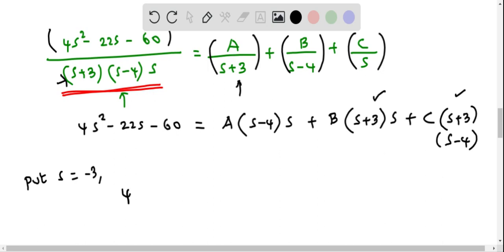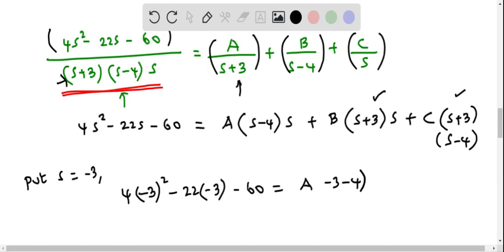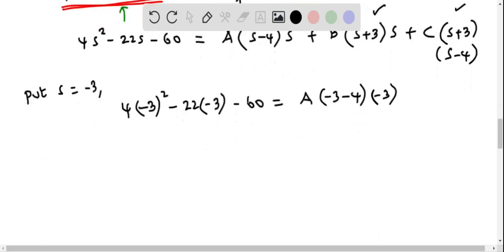So therefore, on the left side, this will become 4 times negative 3 quantity squared minus 22 times negative 3 minus 60. And this equals 8 times, I replace s by negative 3, so it becomes negative 3, negative 4 times s, that is negative 3. So let's determine A by simplifying both sides.